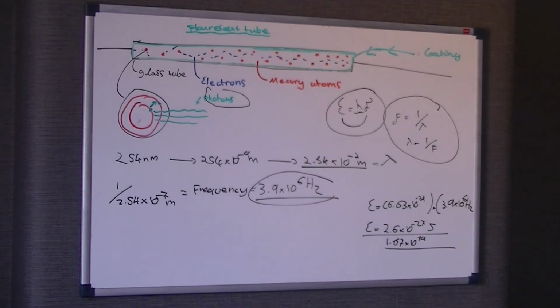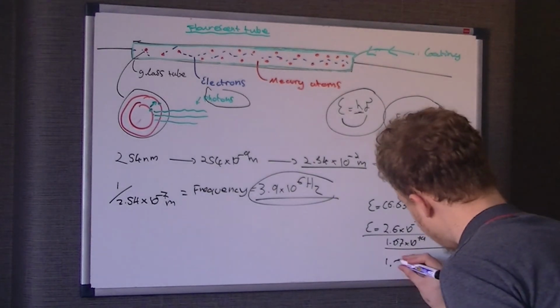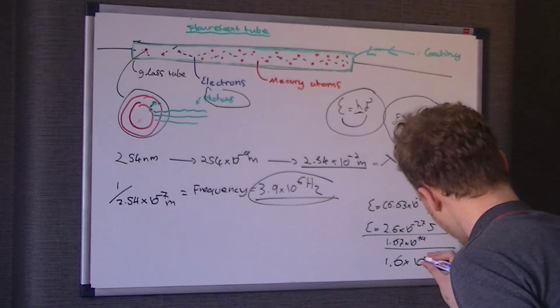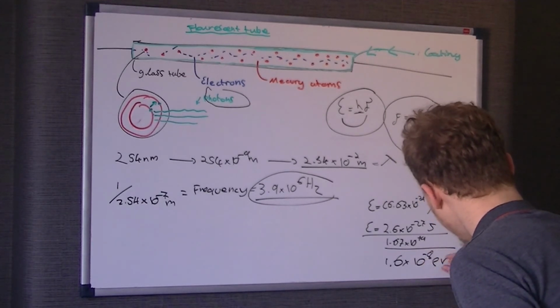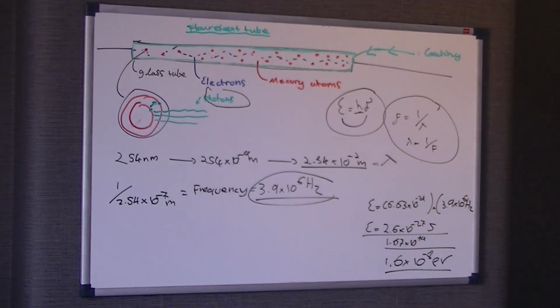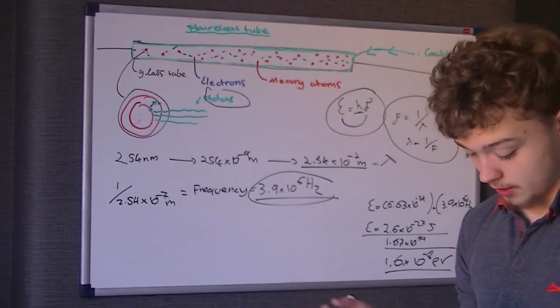So that should give you an answer of 1.6 times 10 to the minus 8 EV. Okay, EV, remember, stands for electron volts. Now you could put just 1.67 times 10 to the minus 8 electron volts, or you could leave it as EV. It's perfectly acceptable.